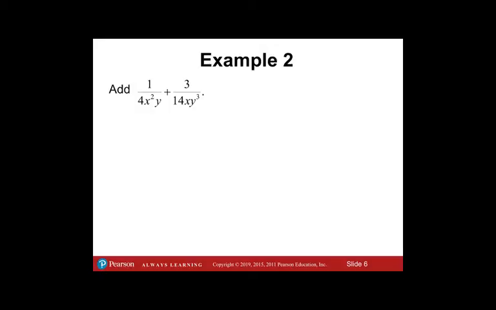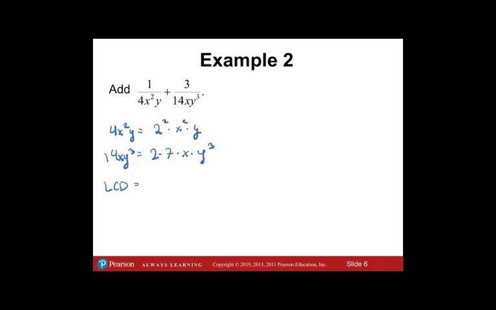Last time we talked about a method for finding the least common denominator. First we want to write each denominator in factored form. So if we have 4x squared y, 4 is 2 squared times x squared times y. 14xy cubed is the same as 2 times 7 times x times y to the power 3. So the LCD here, we need to take one of every different factor.